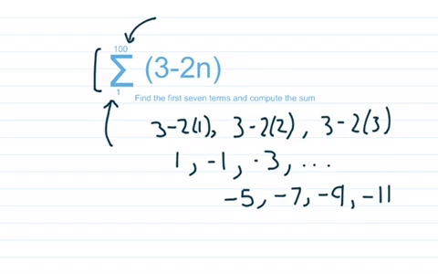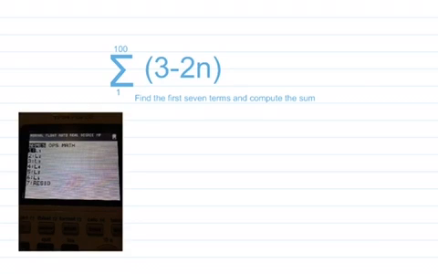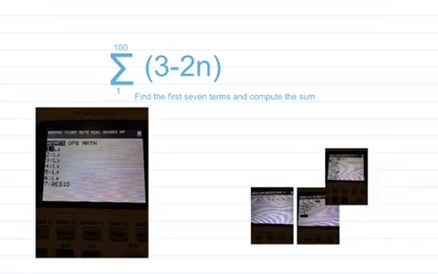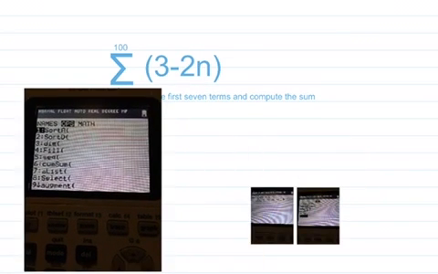Another way you could find these is by using your calculator. First, you're going to hit second, and then stat, and it should bring you to the screen. Then you will go over to ops, and hit option 5, which is sequence.